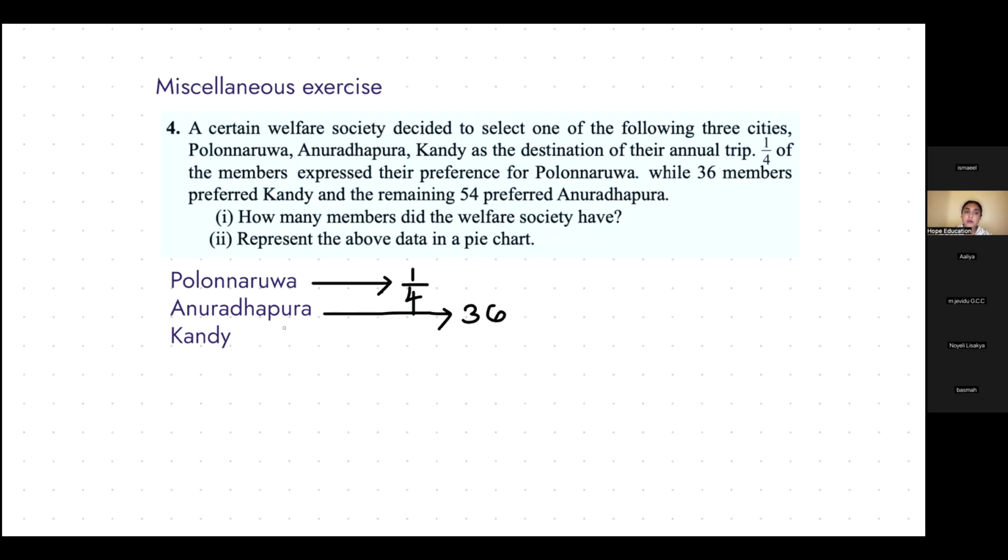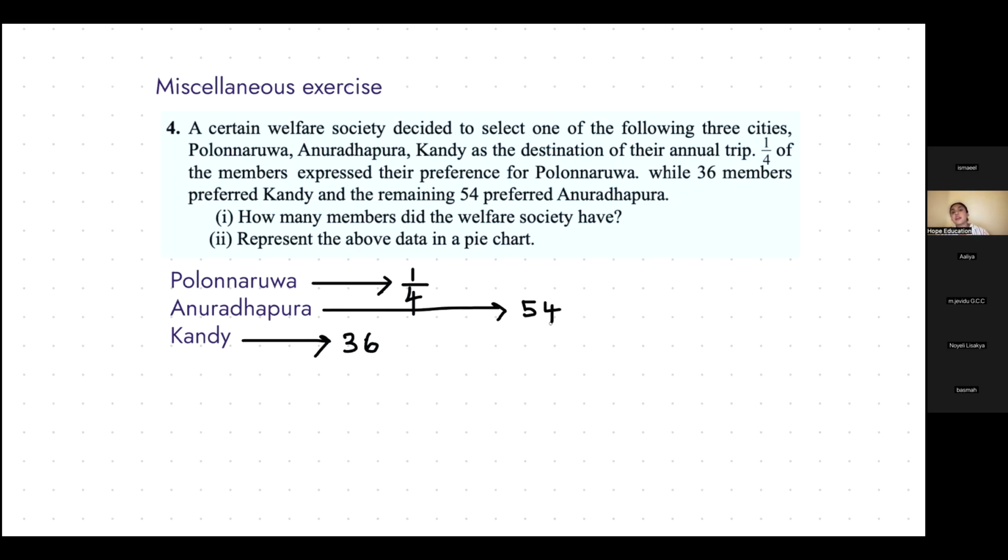The remaining 54 preferred Anuradhapura.